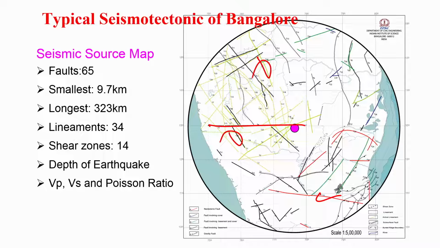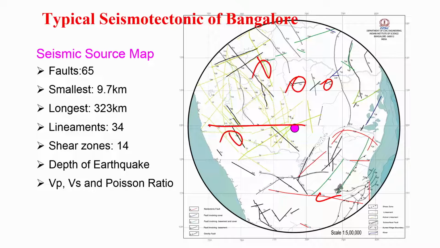And then a database is made: how many sources are there, and each source has to be systematically numbered, by assigning fault 001, fault 002, something like that. Then the highest and lowest parts, how many lineaments are there, how many shear zones are there, what is the depth of earthquakes this area experiences, and what are the VP value, VS value and Poisson ratio of this region from the previous literature.